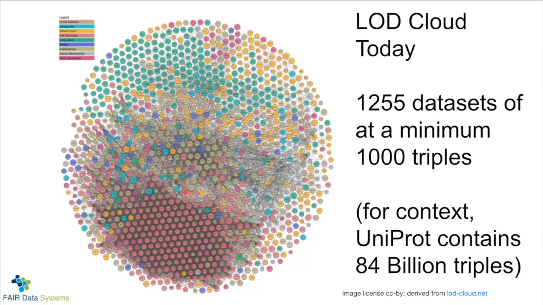And again, just for context, all of this purple is life sciences. The black lines are the interconnections between databases. So when I create a triple that points outwards to another database, they will create a black line. And you can see that in the life sciences, it is black. The interconnections between our databases are extraordinarily rich.